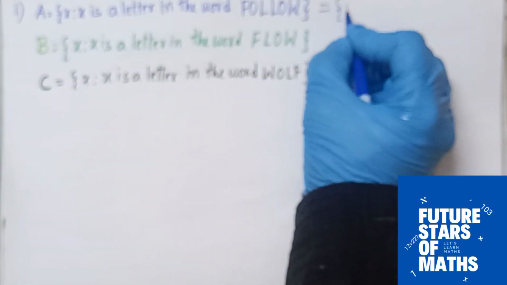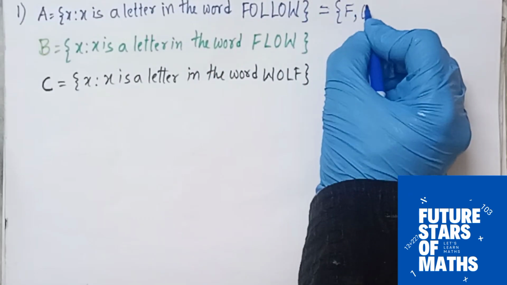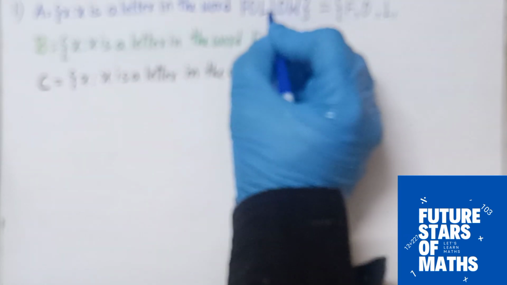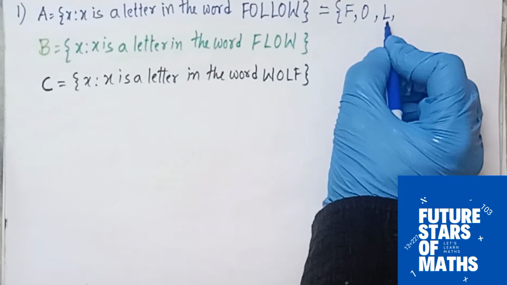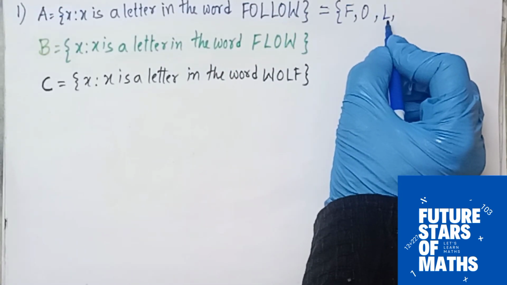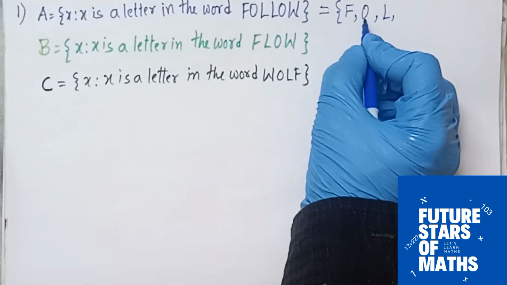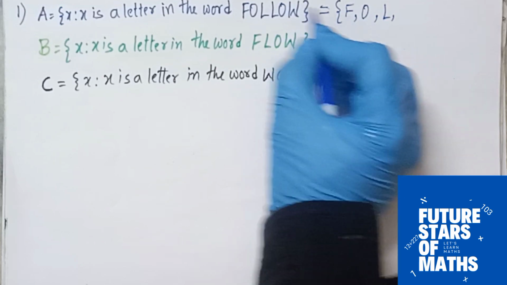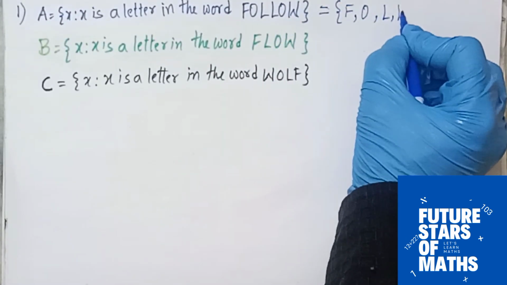The first alphabet is F. Then the next alphabet is O. Then the next alphabet is L. The next is L. If we have the same letter two times, then there is no need to write it again; we write only one time. Then the next letter is O. We already wrote O, so no need to write O again here. The last one is W.